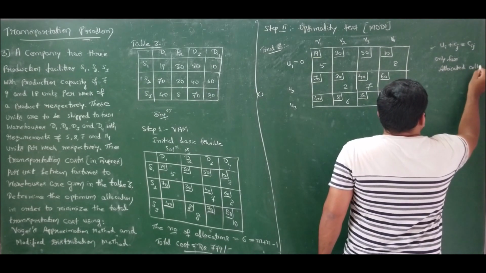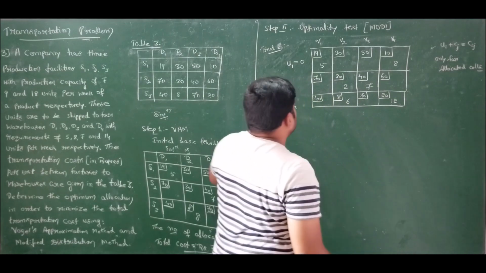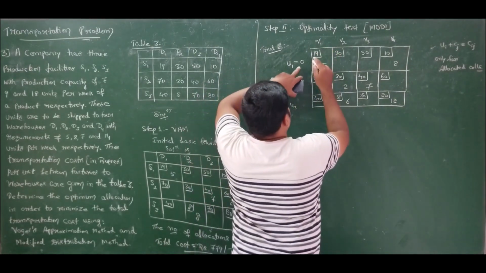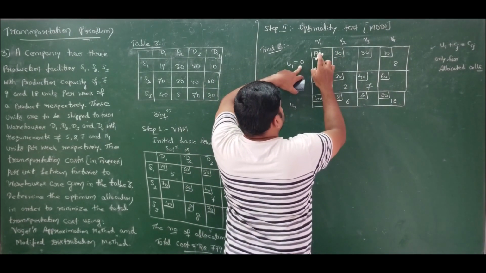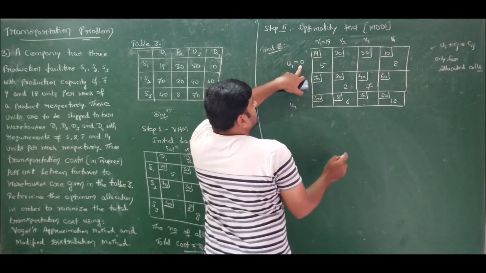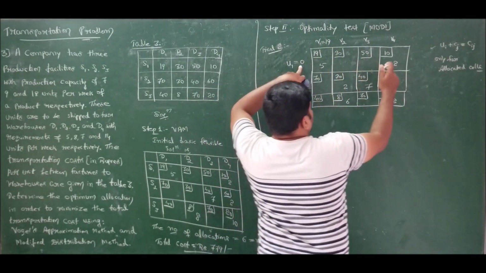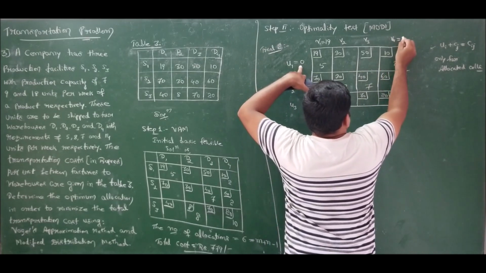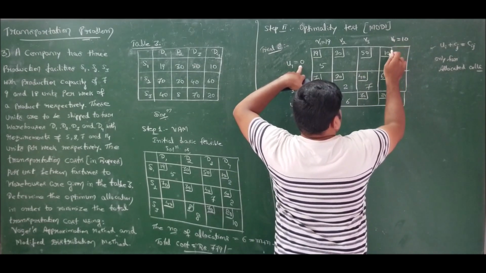Only for allocated cells we should use. So we have allocation here, so therefore cost is 19, so V1 should be 19, 19 plus 0 is 19. Since U1 is 0, we have allocation here, so V4 should be 10, 0 plus 10 is 10, cost is 10.